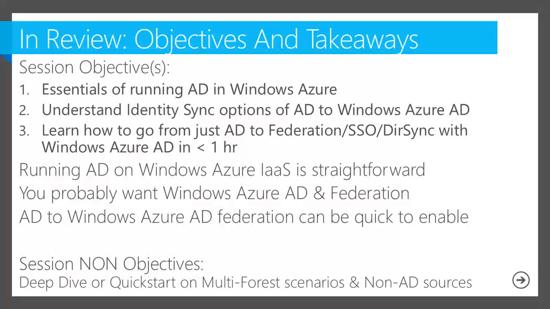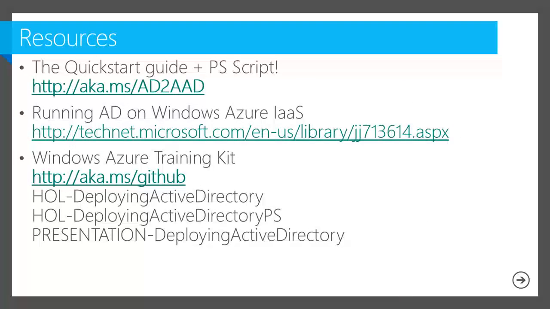Learning how to go from AD to Federation, from AD to Federation SSO and DirSync in Windows Azure Active Directory in not only less than an hour, but almost even 20 minutes. So you can see how it's pretty straightforward, how you probably want to use the SSO in Federation, how it provides you a lot of benefits, and is pretty quick to enable. So here's some resources for you.